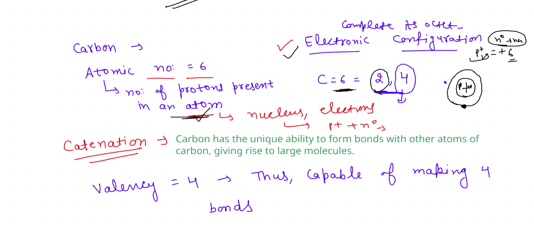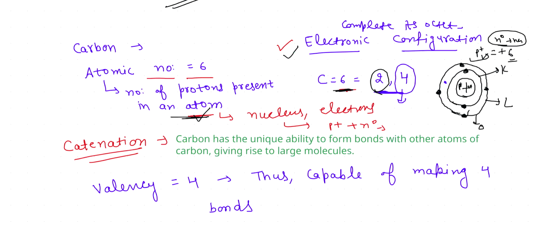This shell is also named the K shell. In the second shell, there are 4 electrons: 1, 2, 3, and 4. This shell is named the L shell. This is the outermost shell of the carbon atom.